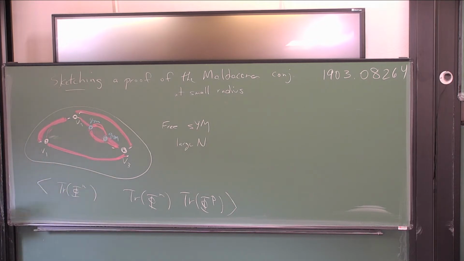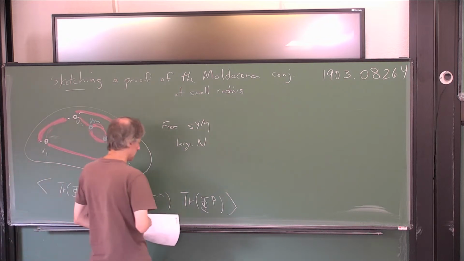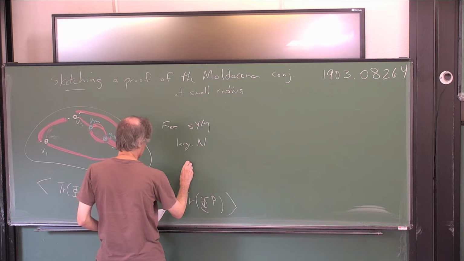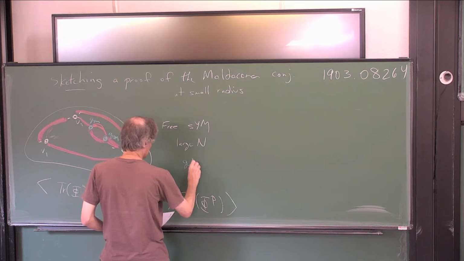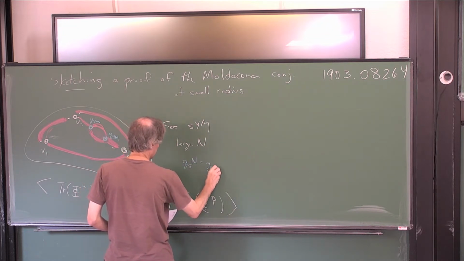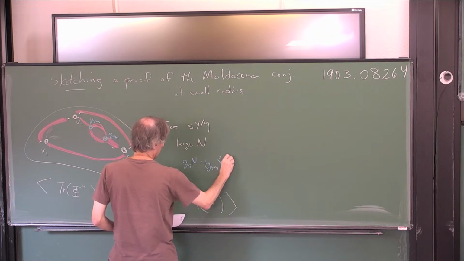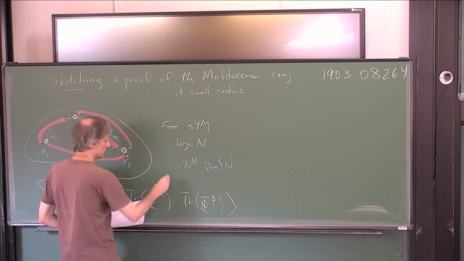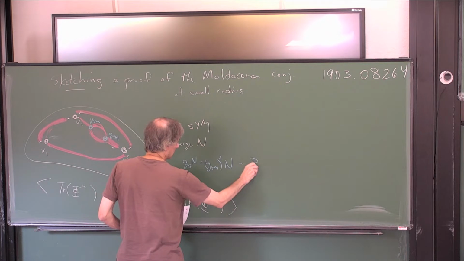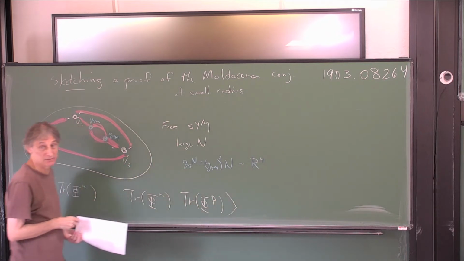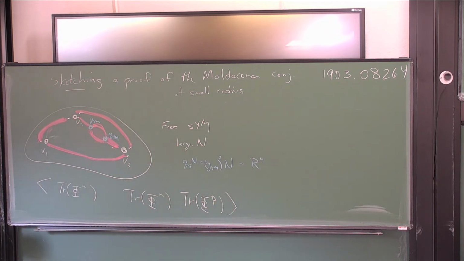So this would be higher order. This would no longer be free super Yang-Mills. So there would be some radius dependence coming from the 't Hooft coupling. So this would be related to R to the fourth. Okay, so the question is, can we get this type of description from the string theory?